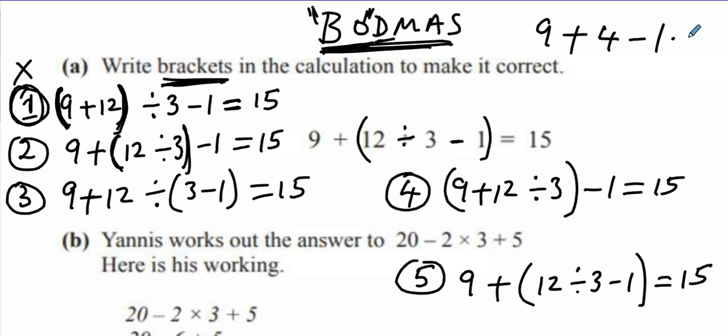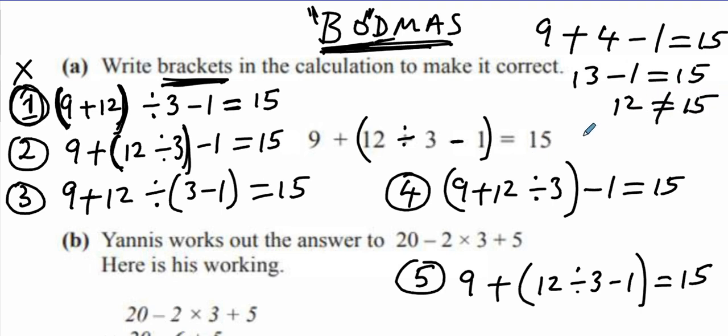Let us see if the answer will be equal to 15. 9 plus 4 is 13, then minus 1. Do we get 15? 13 minus 1 is 12. Now 12 is not equal to 15. So this second possibility is incorrect. Then let us go to the third possibility.